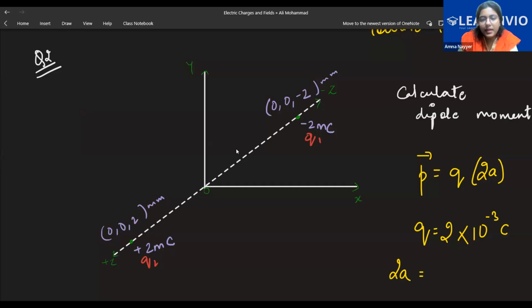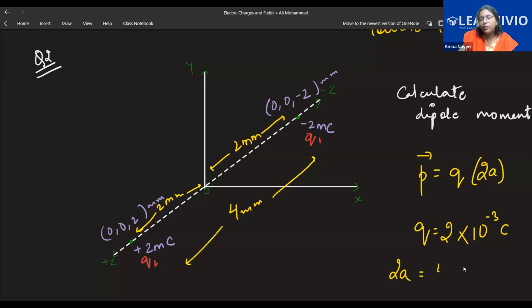See, this part is given as 2 millimeter, and this part is given as 2 millimeter. This is just telling the position from the origin. But when we take 2a, we take the separation between both the charges. Total will become 4 millimeters. So we are going to write 4 into 10 to the power minus 3 meters.